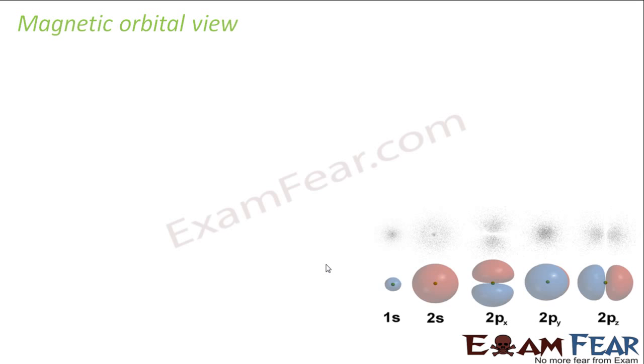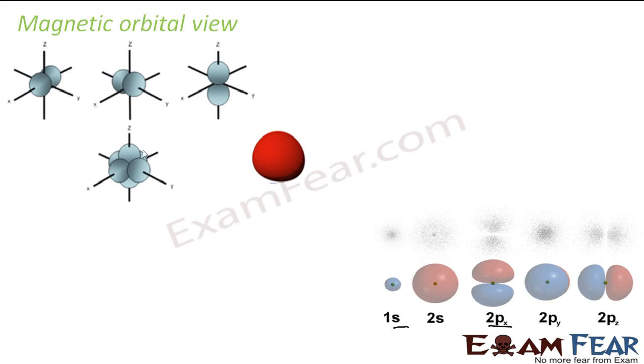Now if we talk about the orbitals, we have s orbitals and p orbitals. The s orbital is only one type because it's spherical. For p orbitals we have three types: px, py, pz. This is nothing but the combined shape of all three.